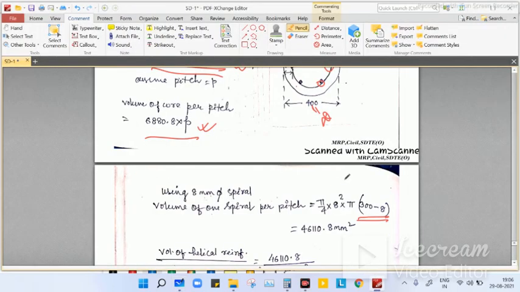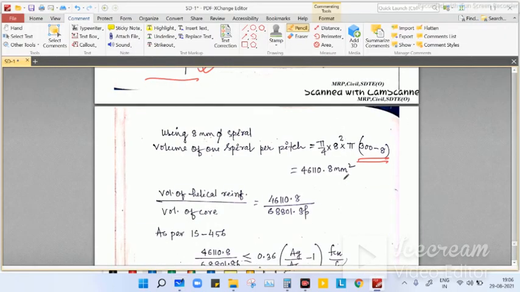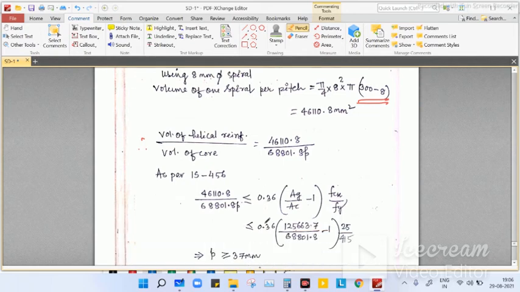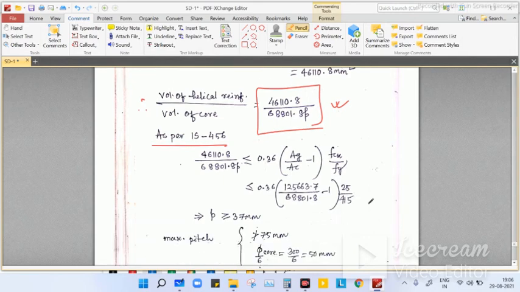So the volume of helical reinforcement divided by volume of core, we will get this much value. As per IS 456, this value should be greater than or equal to 0.36 into (Ag by Ac minus 1) into fck by fy. From this condition we get P should be less than or equal to 37.